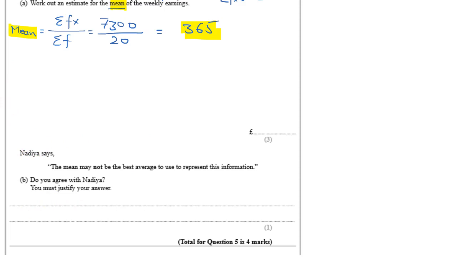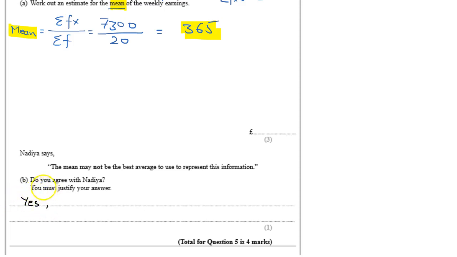Now the question is, Nadia says the mean may not be the best average to use to represent this information. Do you agree with Nadia? Yes, we do agree.